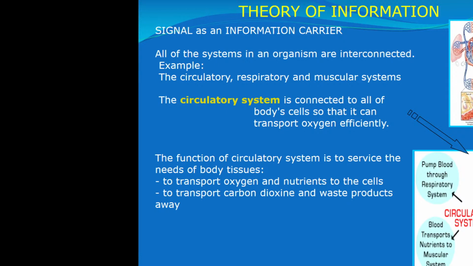There are many other examples of this cooperation in your body. For instance, the blood in your circulatory system has to receive nutrients from your digestive system and undergo filtration in your kidneys, or it wouldn't be able to sustain the cells of your body and remove the wastes that are produced.